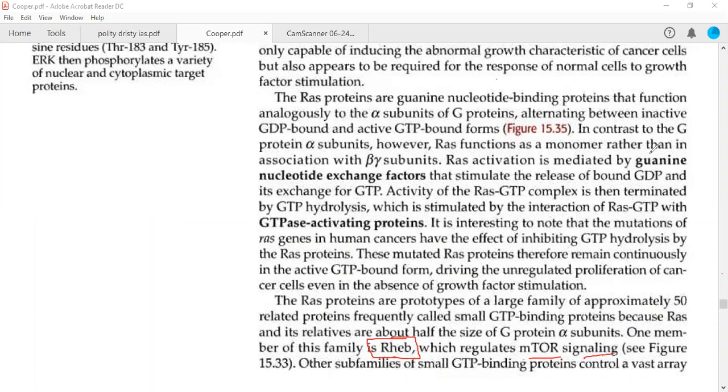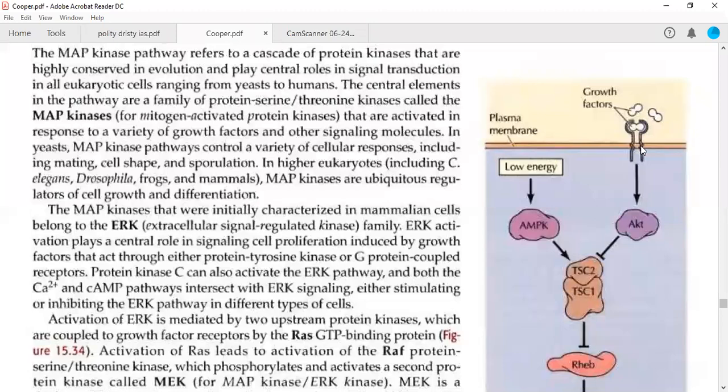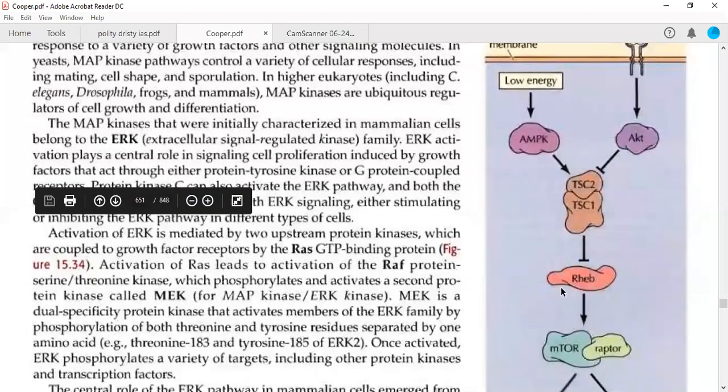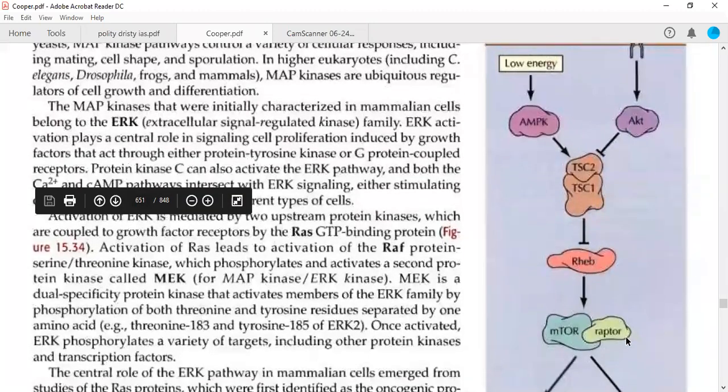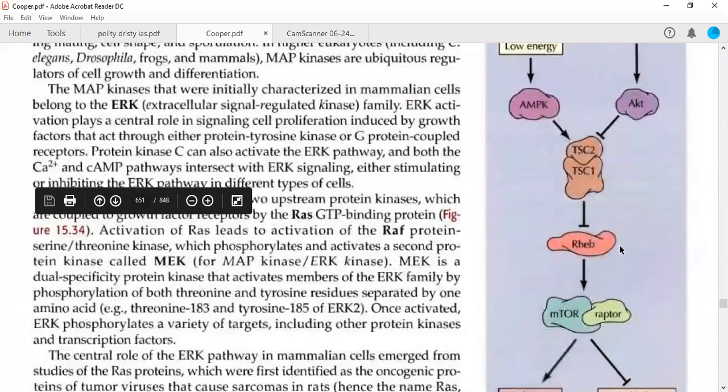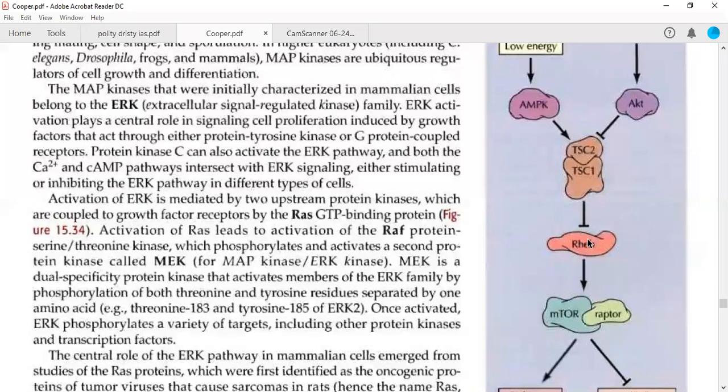So if you do not remember the RAB protein, then I will show you this. This is a RAB protein, and this RAB protein is controlling your mTOR-raptor complex. This is also a GTP binding protein, and the earlier complex, which is formed by TSC1 and 2, is called GAP. GAP is GTPase activating protein. So in this case, this complex is the GTPase activating protein.